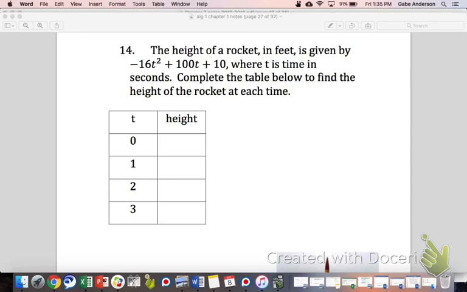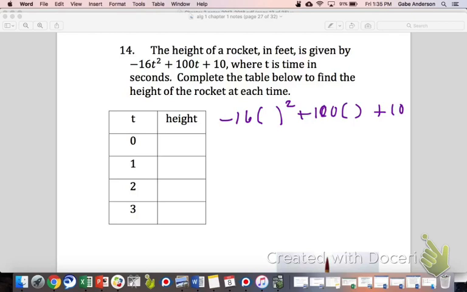So for T equals 0, what it's asking us to do is what we've been doing. It's asking us to plug a 0 in for T. So to do this, I would write negative 16 parentheses squared plus 100 parentheses plus 10. And then what I'll do is I will just fill in what goes in the parentheses. In the first case, it's a 0.